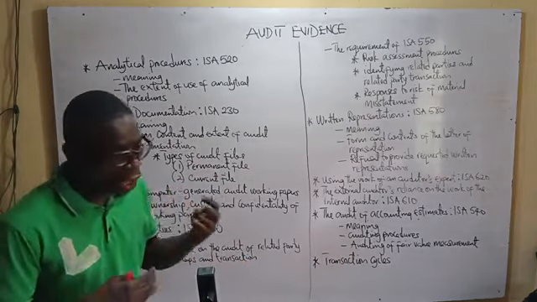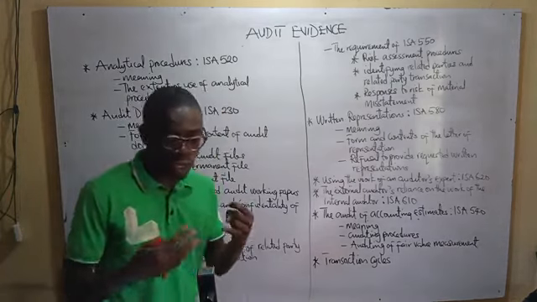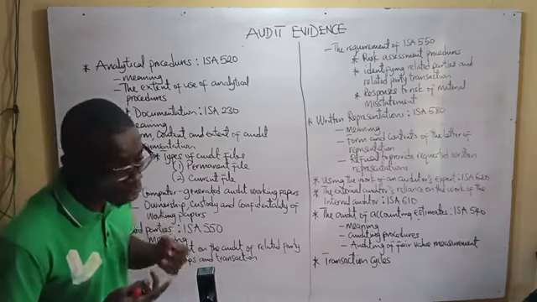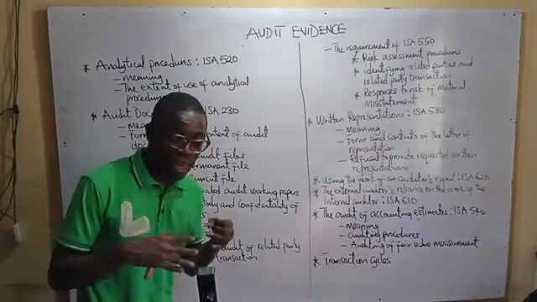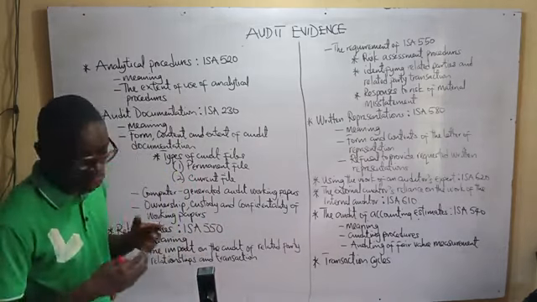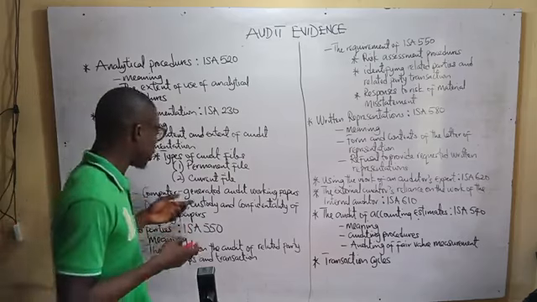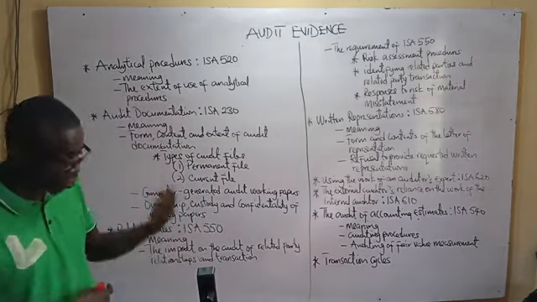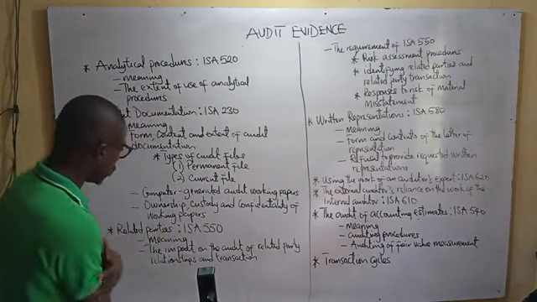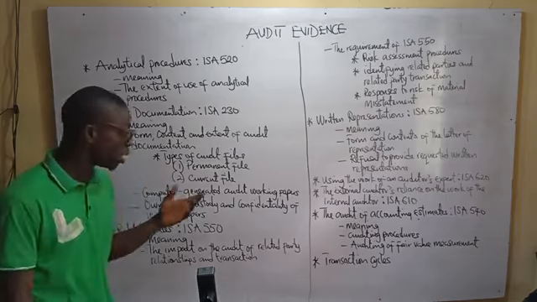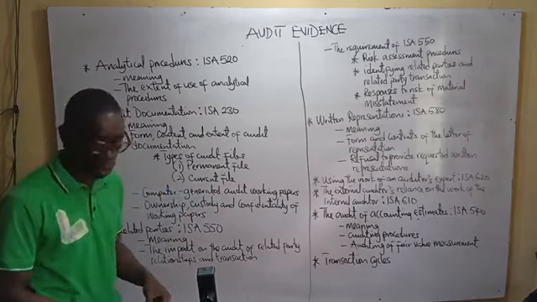One, the audit working paper is going to be neat, easy to read, and in a standard format. Two, there will be less errors. The risk of error will be reduced when you are using computer generated audit working paper, because it's the computer that will populate the information needed for that audit working paper.